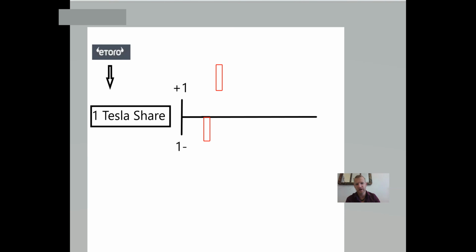In that case, you can lose more than your original investment, because when you buy something, it can only go to zero. When you short something, it can double in price and then keep growing, and that can result in you losing more than your original demo trading balance.